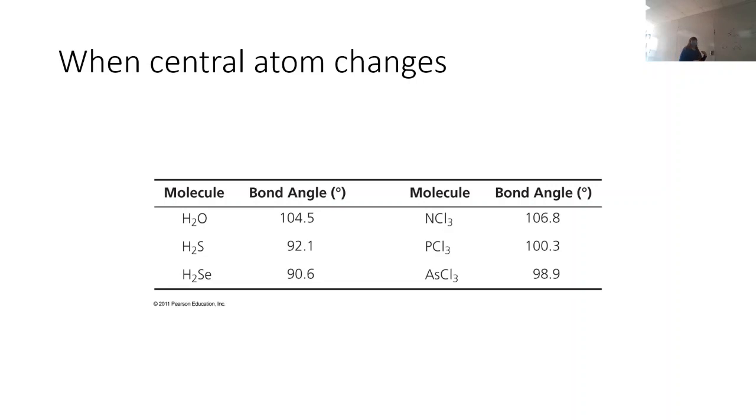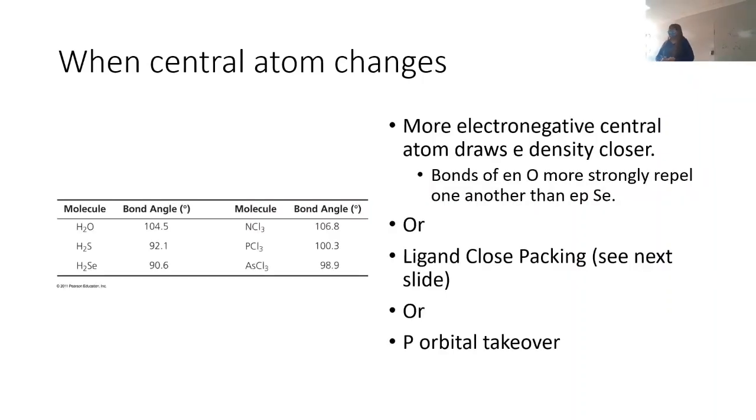Okay. So there are several explanations that we have for this. And, you know, we don't have the God handbook that gives them to us. So as scientists, we're just trying to see what is the explanation that fits the most scenarios, that is most consistent. So one of the explanations is going back to this electronegativity.